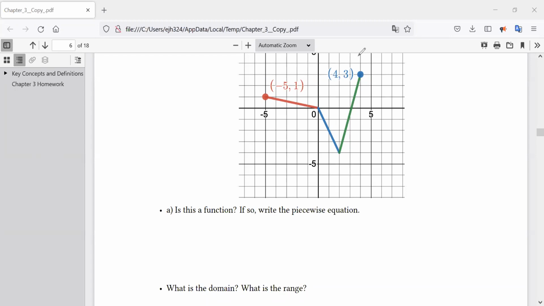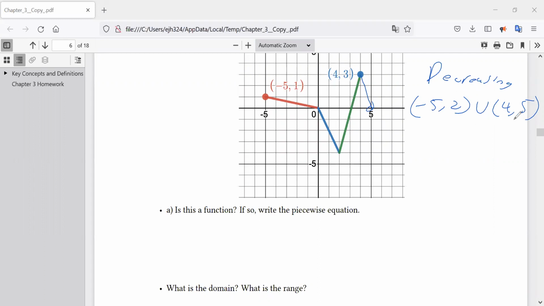Yeah, so if that was our graph instead, then for the decreasing we would want to say from -5 to 2 union 4 to 5.